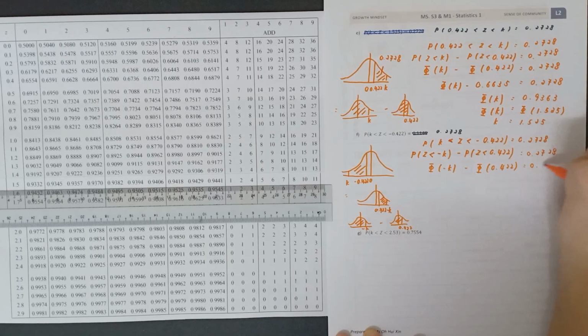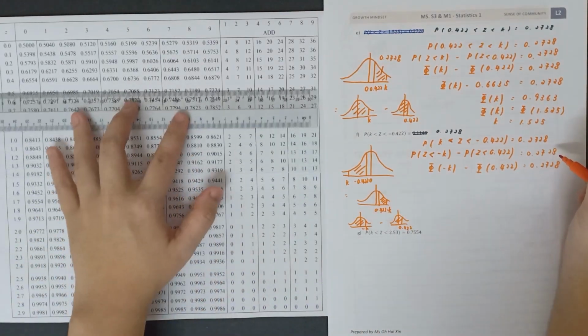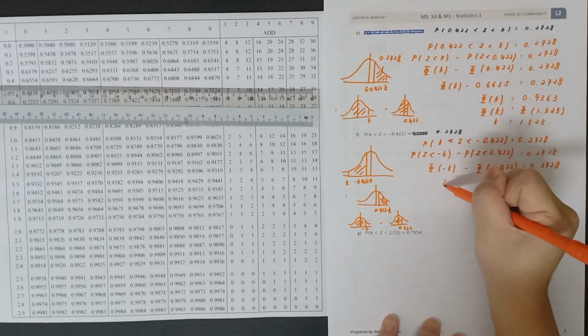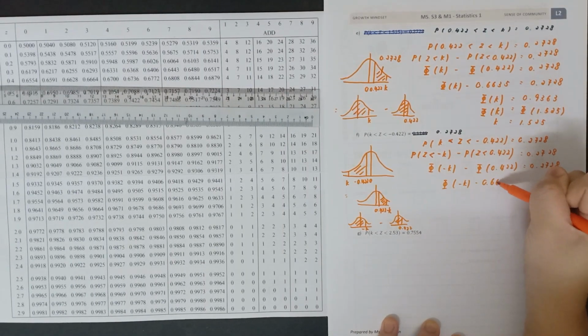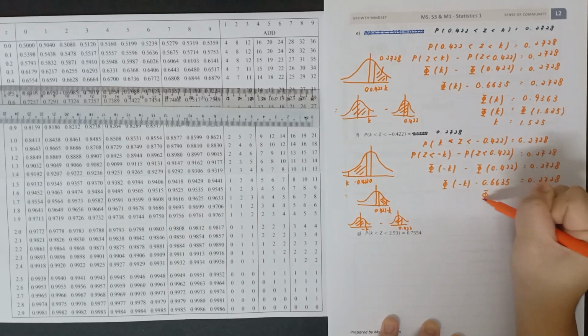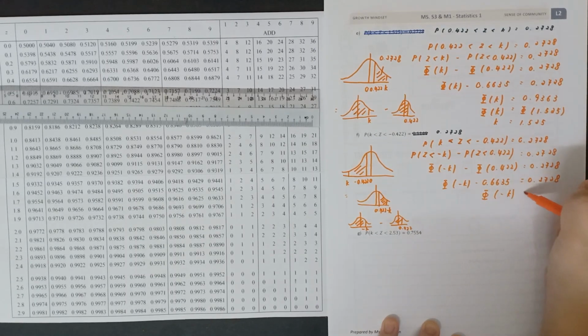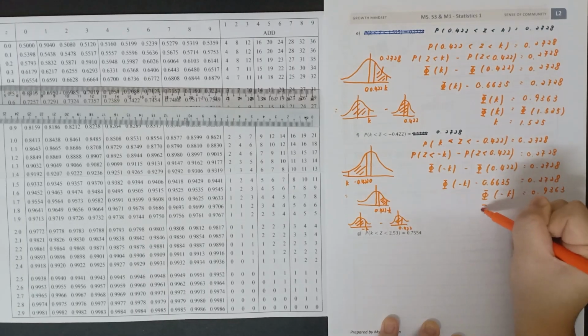Then equals to, same thing, read from your table, outside to inside. So 0.422, you will get 0.6635, equals to 0.2728. So 5 negative K will be equal to 0.9363. Same thing, try to read it.